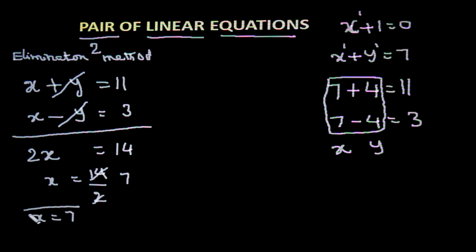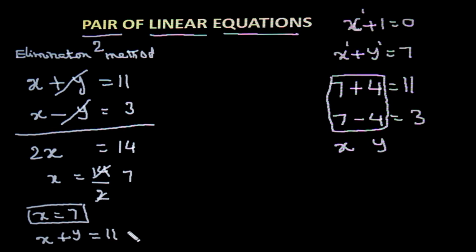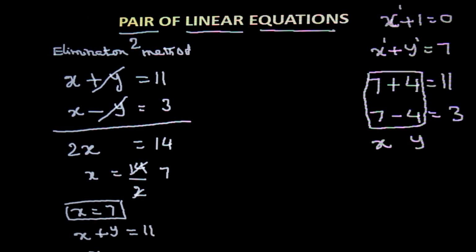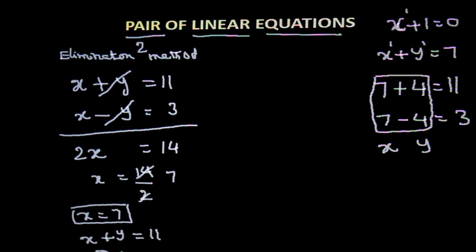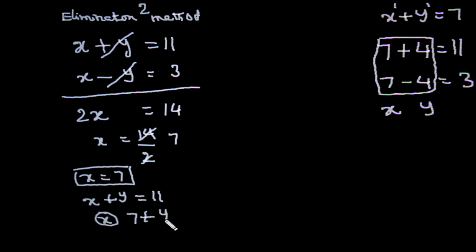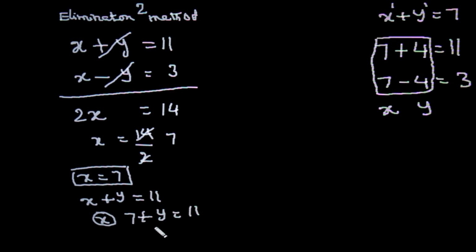If you substitute this value in either this equation or this one, you will get the same answer. x plus y is equal to 11, and x is 7, so 7 plus y is equal to 11.